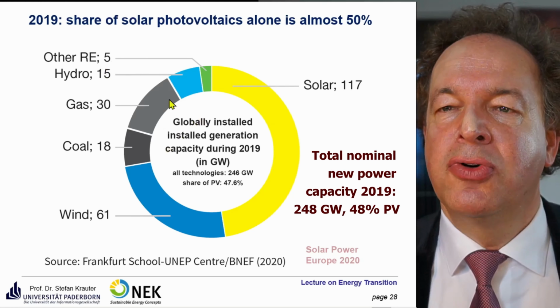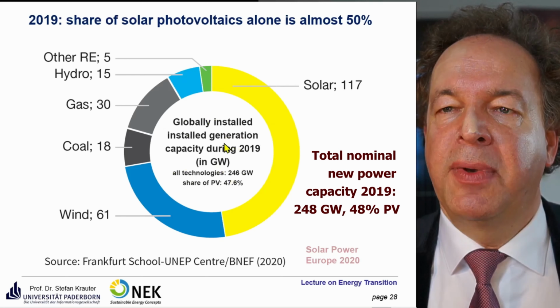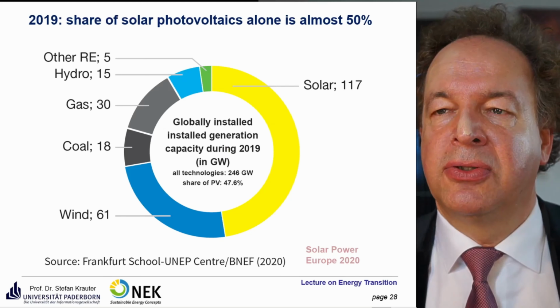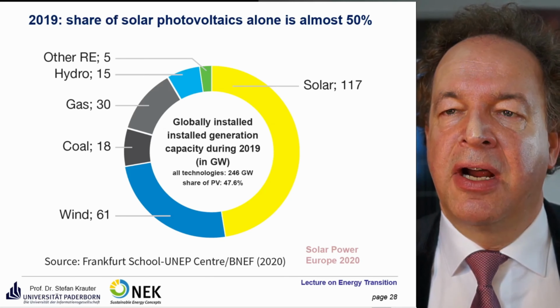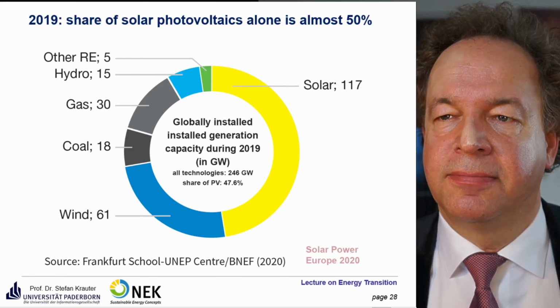You don't see nuclear here because the net capacity increase was 0. A couple of nuclear power plants were newly installed, but also some more have been dismantled, and therefore there was no new net capacity in nuclear power plants last year.